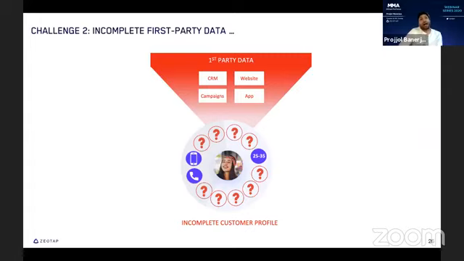As I mentioned earlier, identification is one major challenge that brands face in the wake of an explosion of siloed customer data assets across multiple channels, also in the wake of these third-party identifiers such as cookies and device IDs potentially disappearing over the course of the next 18 to 24 months.